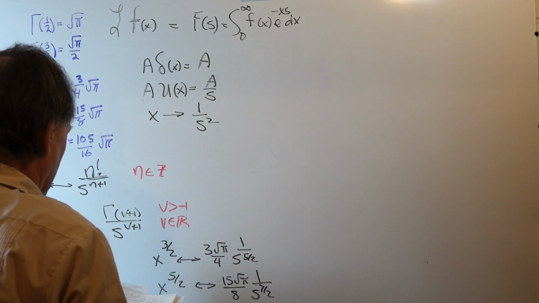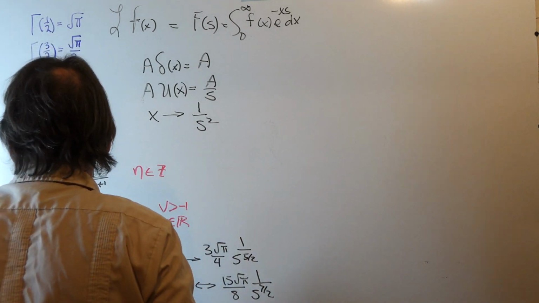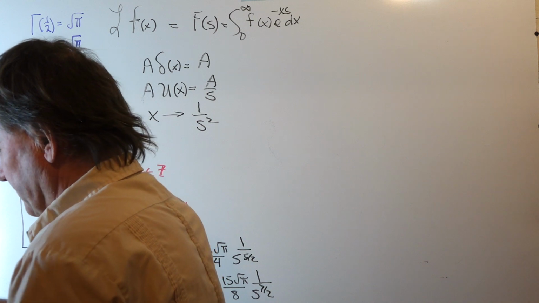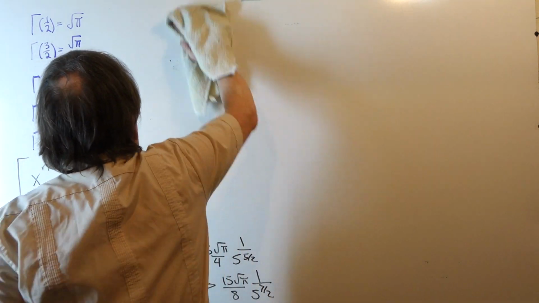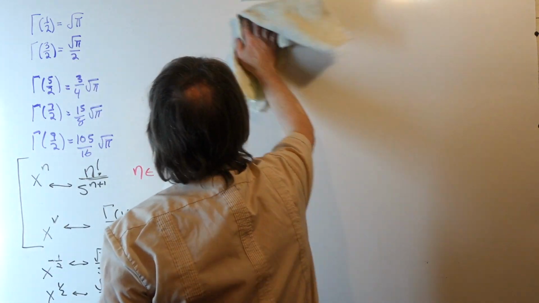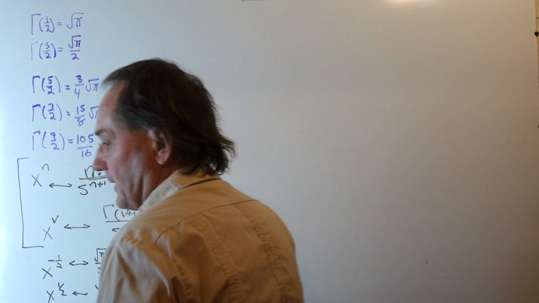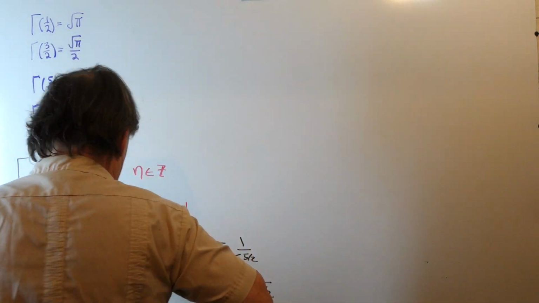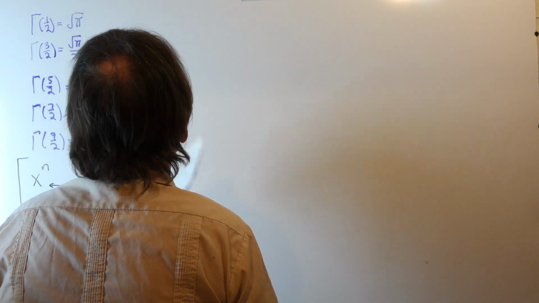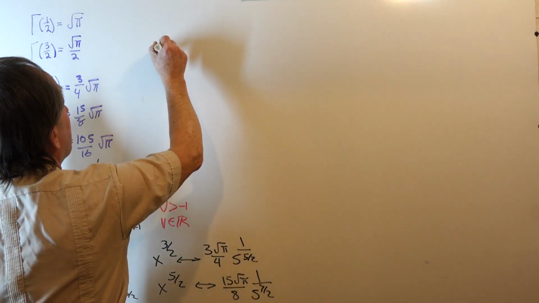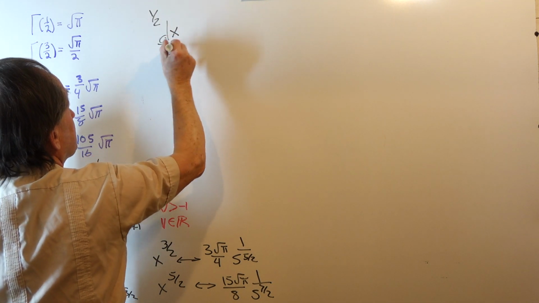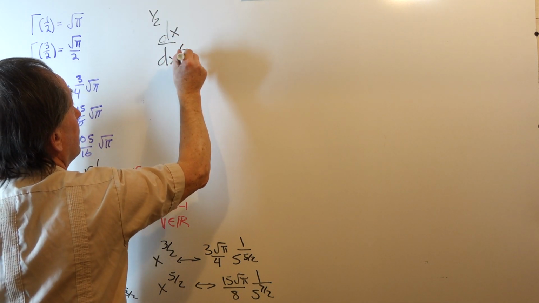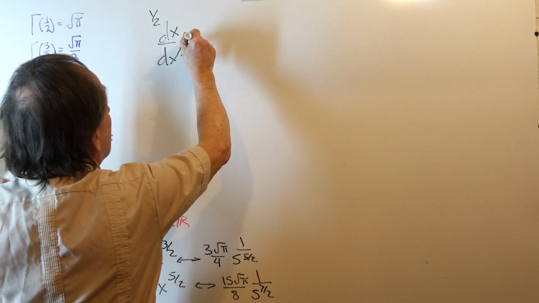Now, let's talk about the 1/2 derivative of a function, now that we have our basics down. Let's look at what the 1/2 derivative of x is. So we're going to take the 1/2 derivative of x. Okay.